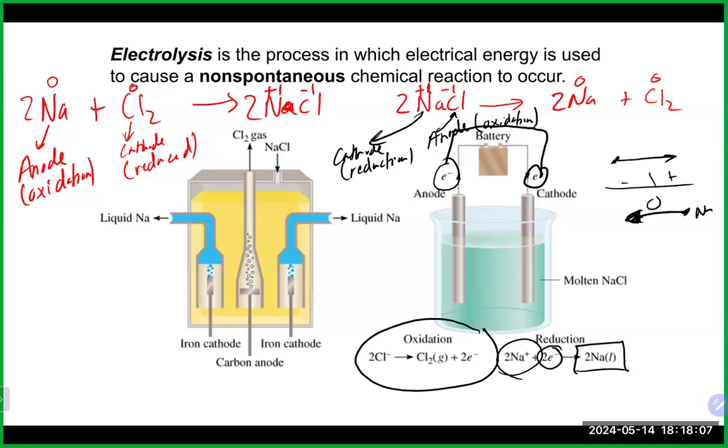The electrolysis process you could think of as the opposite: you could think of the original one as a synthesis combination reaction, and this more like a decomposition reaction heading in the opposite direction. Those anodes and cathodes basically switch places because you're going backwards in this case. Any question on that there?